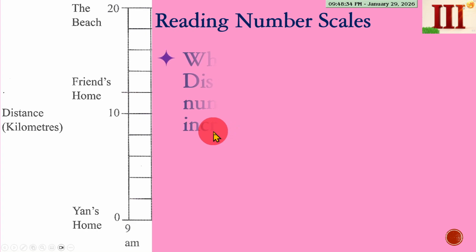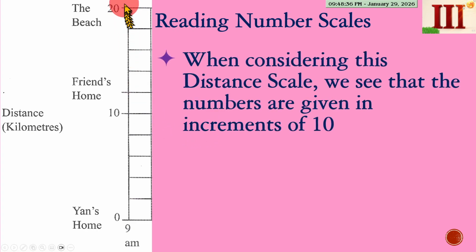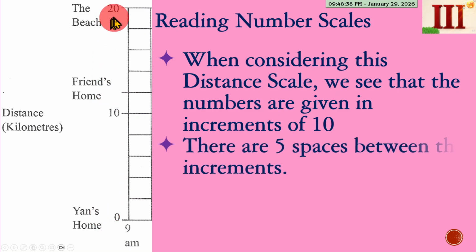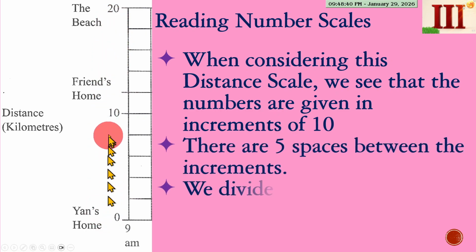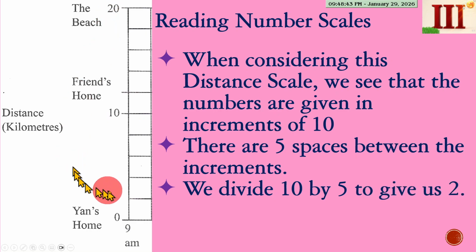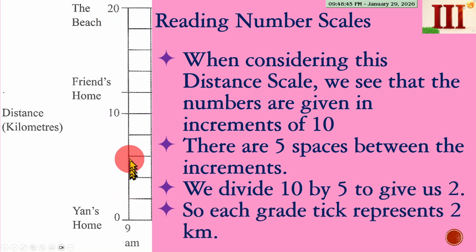So what happens is sometimes you are in an exam and there's going to be a scale in place. If you look at this scale, they go from 0 to 10 to 20. Spaces are 1, 2, 3, 4, 5. So 10 divided by the 5 spaces suggests that each one of these markers is a unit of 2. So 2, 4, 6, 8, 10.